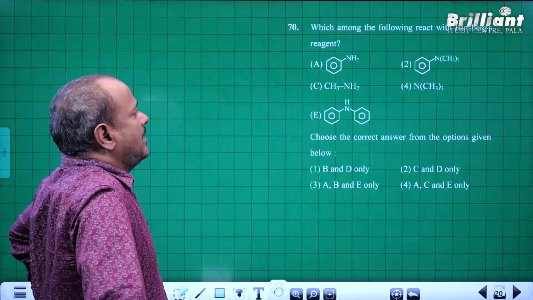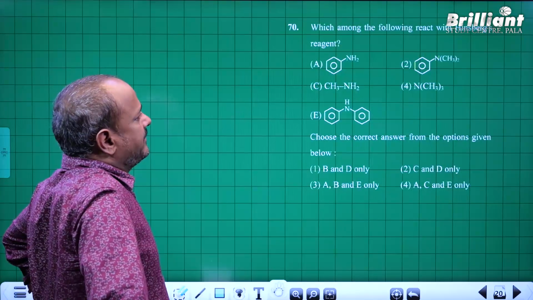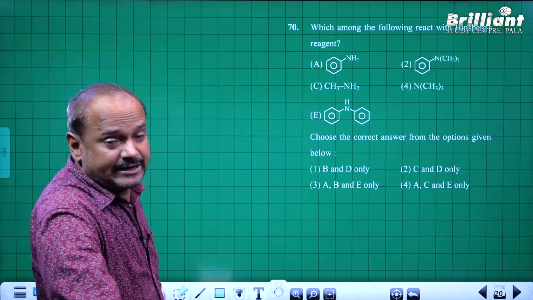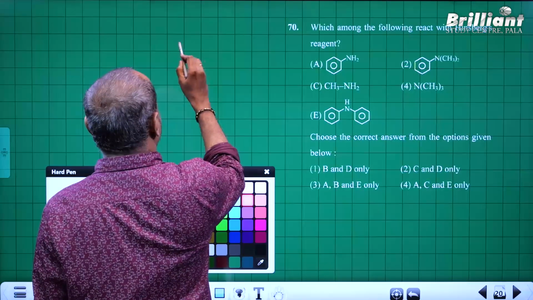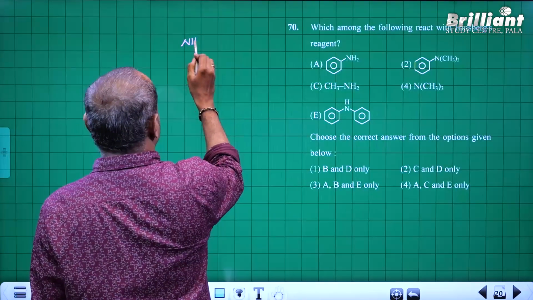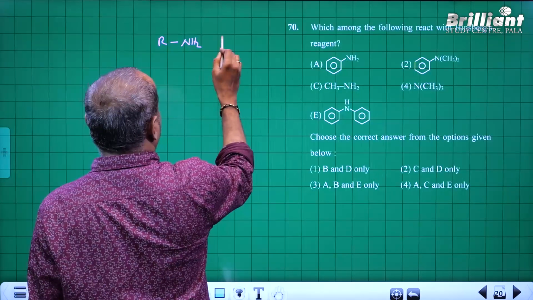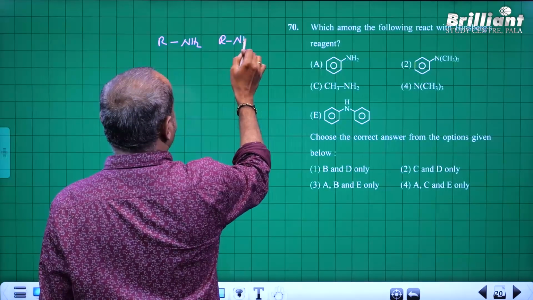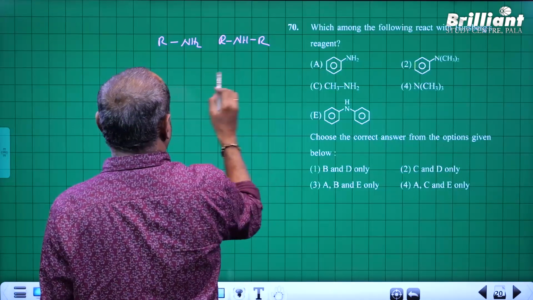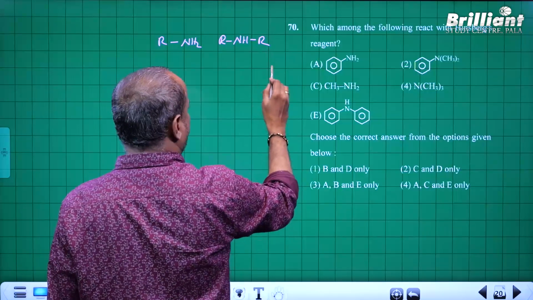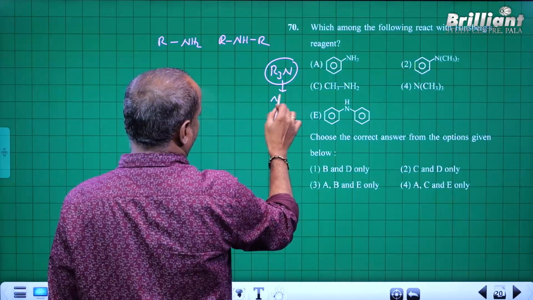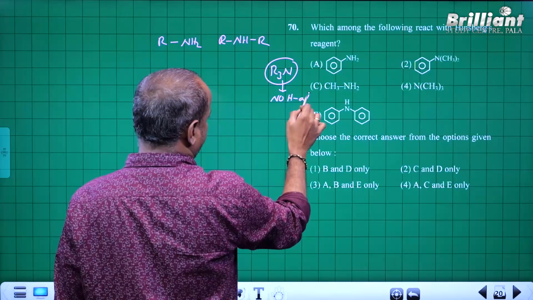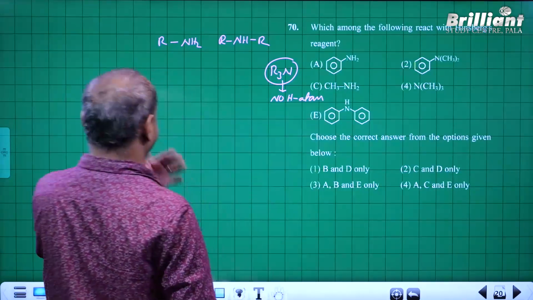Option 1. Hinsberg reagent reacts with secondary and primary amines, not with tertiary amines, because at least one H is required on the nitrogen, as in NH2. R3N has no hydrogen atom, that's why there is no reaction.